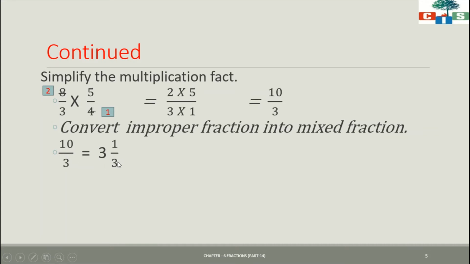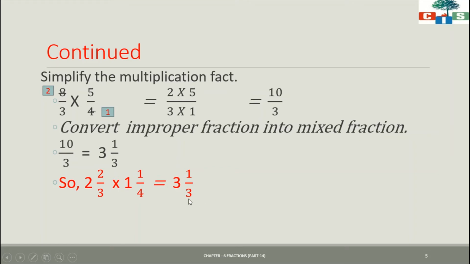So 3 1/3 is the mixed fraction for 10 by 3. Scholars, you have to convert the answer to a mixed fraction. So we write the final answer like this: 2 2/3 multiplied by 1 1/4 is equal to 3 1/3.